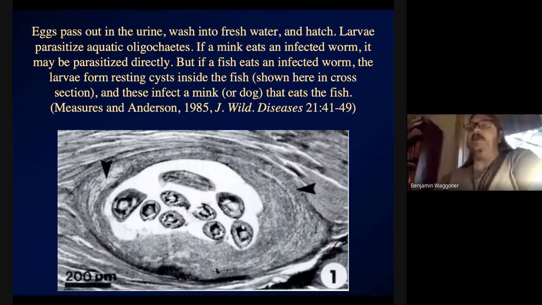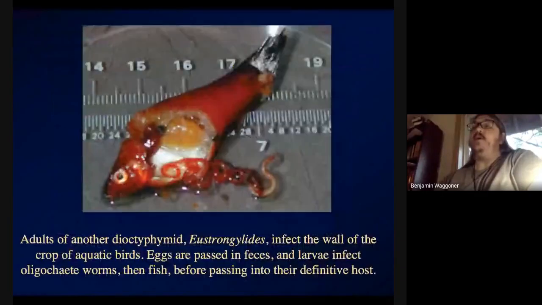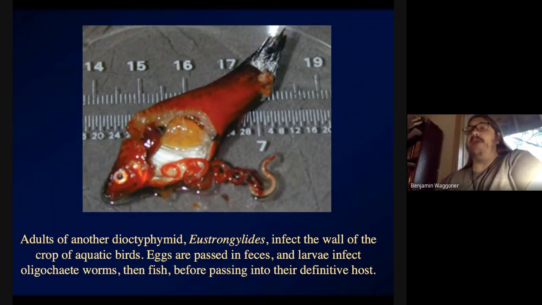Slightly gross picture here. There's another dioctophymid called Eustrongylides, where the adults burrow into the wall of aquatic birds' crops. The crop being the food storage expanded pouch at the upper end of the digestive tract. And Eustrongylides burrows into the wall of that. Eggs are passed in feces. Larvae infect oligochaete worms and then infect fish.